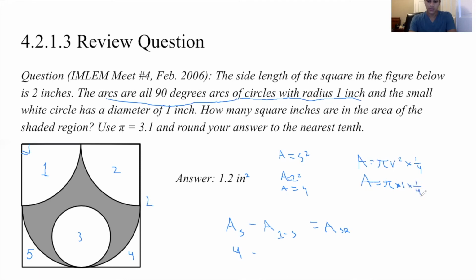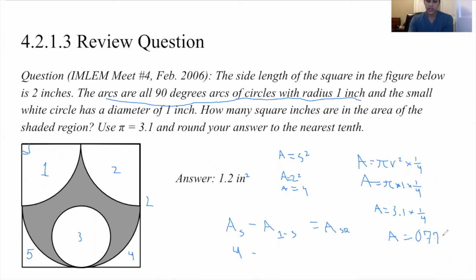So we get area equals 3.1 times 1/4, and you'd plug this into your calculator. Remember, we have to use pi equals 3.1 because it says so in the question. If you multiply the value of pi by 1/4, you get 0.775. So the area of shaded region 1 is 0.775.